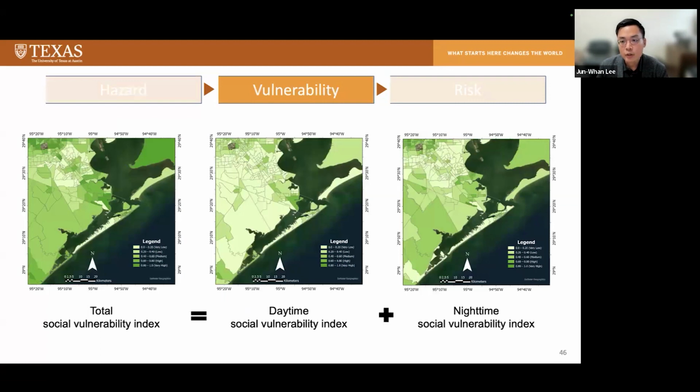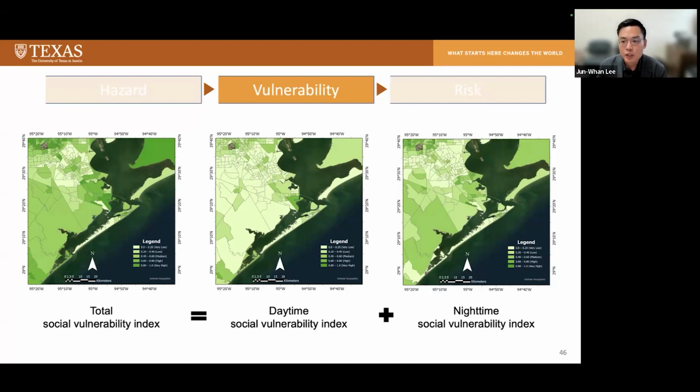And in terms of vulnerability, traditionally, the social vulnerability index has been widely used, which incorporates various socioeconomic factors like poverty level, education, and employment status within the community to assess the vulnerability.